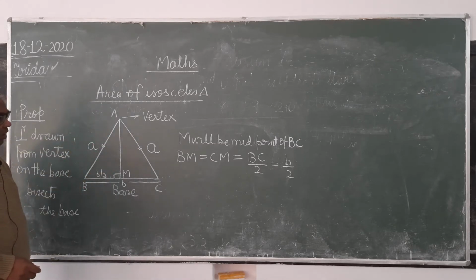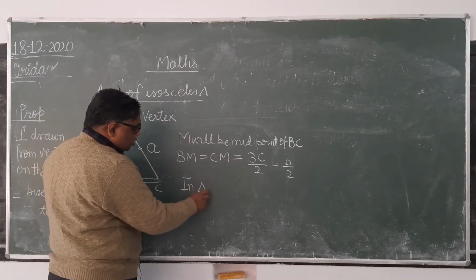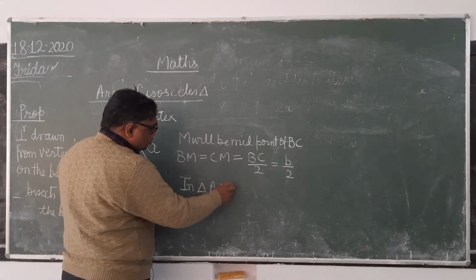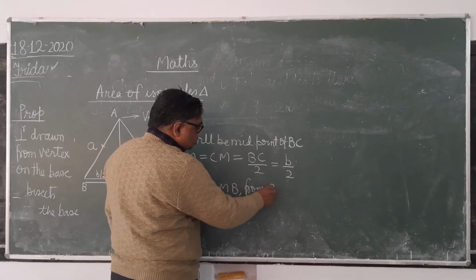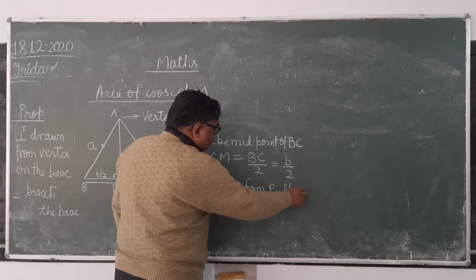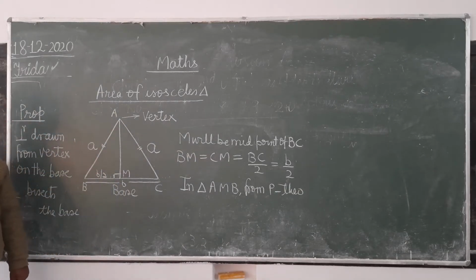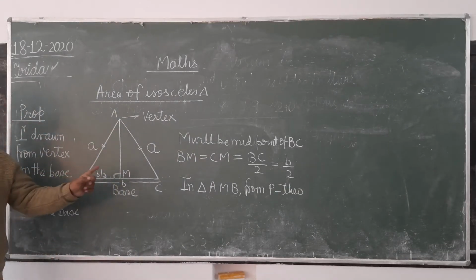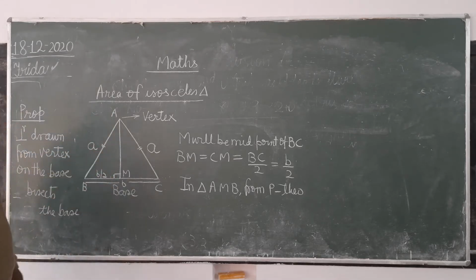How will you determine it? In triangle AMB, from Pythagoras theorem. What is AM here? It is the height of the isosceles triangle, because we have taken BC as the base. Therefore, height will be AM. So you determine AM from Pythagoras theorem.